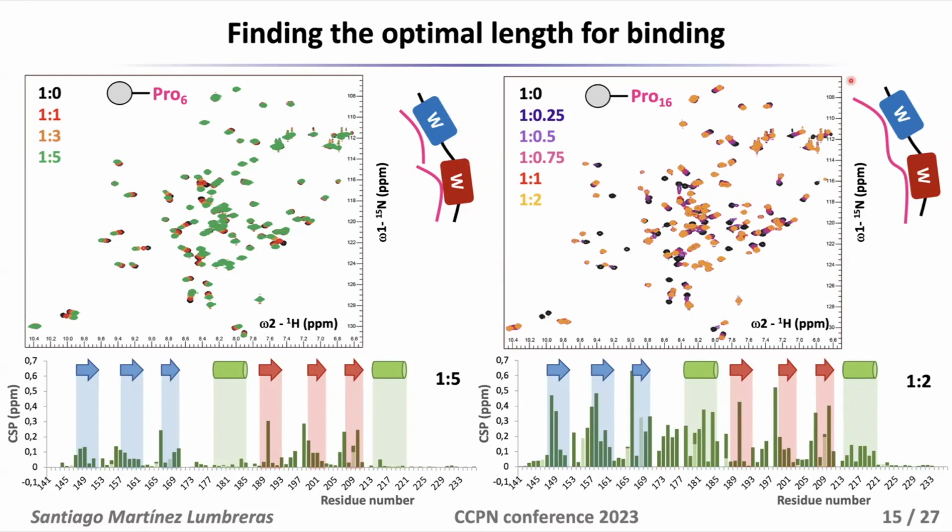But when we have a longer peptide, we have simultaneous binding of the peptide to both domains at the same time. And this probably constrains the conformations that the tandem can adopt, and the linker region is affected. That's why we see the perturbation here, and also in the C-terminal helix that interacts with the linker. We also discard that there is a direct binding of the linker to the polyprolines.